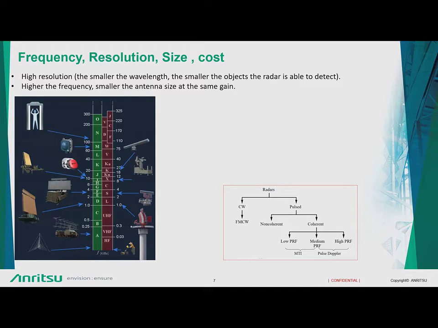Now radars have different classifications as well, as you would see from this image. Radars are basically in two categories, CW and pulse. But in the pulse domain, you have non-coherent and coherent, and then these are various applications again. So low PRF means low pulse repetition frequency. That means the on and off time from one pulse to the other is called the PRF.